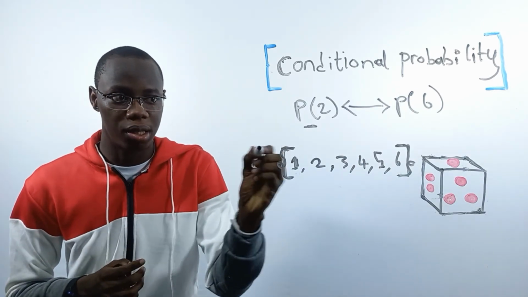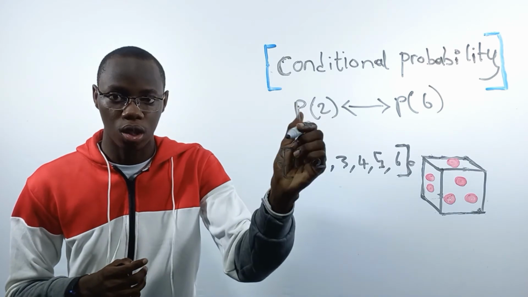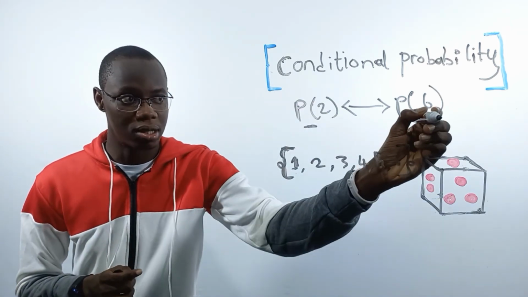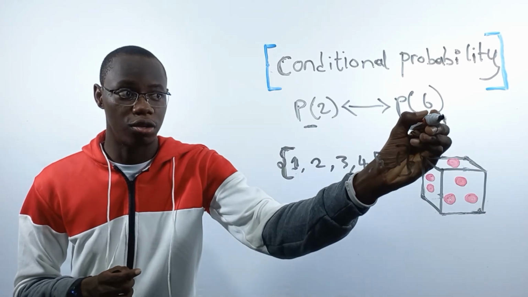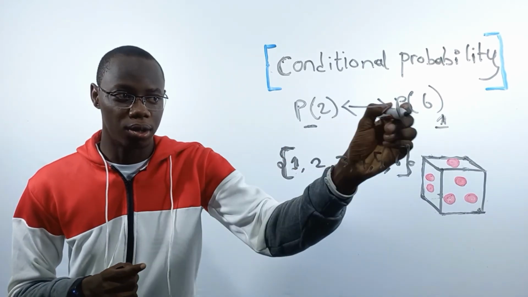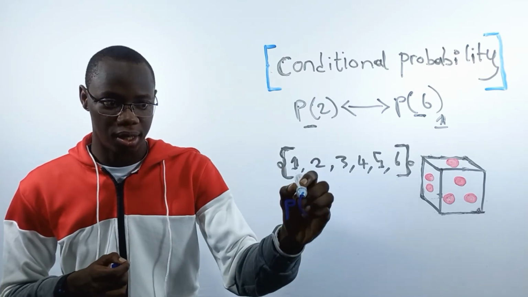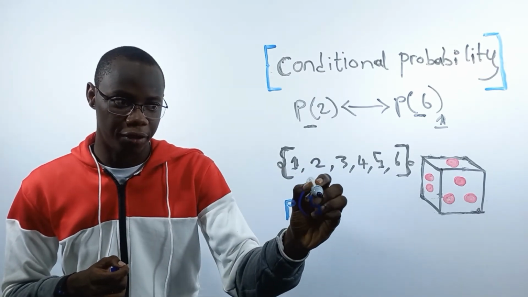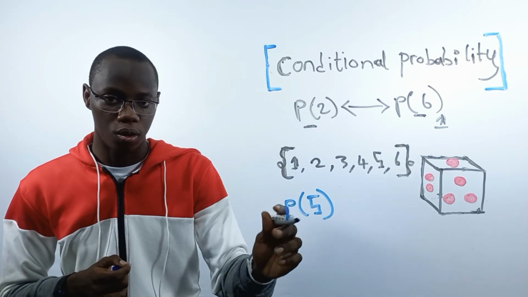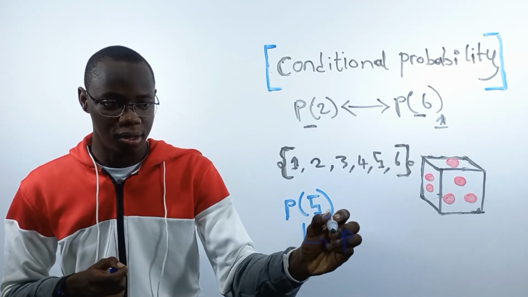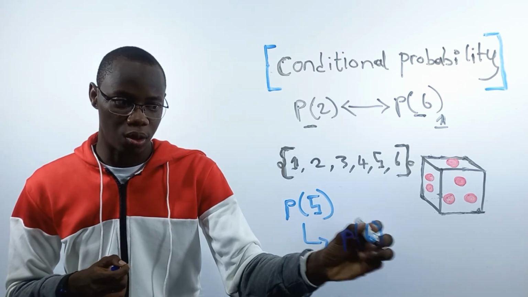What is the probability that I will get a 2 in the second toss when in the first toss I got a 6? So let me take that again. What is the probability that the side 5 will occur given that the probability of 6 has occurred?